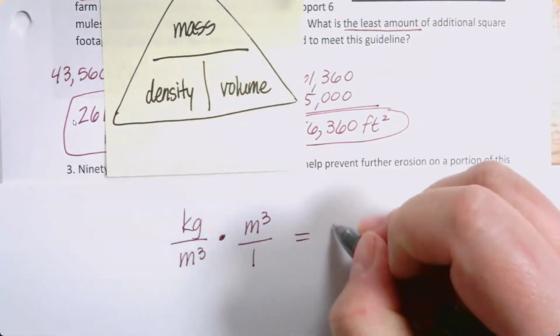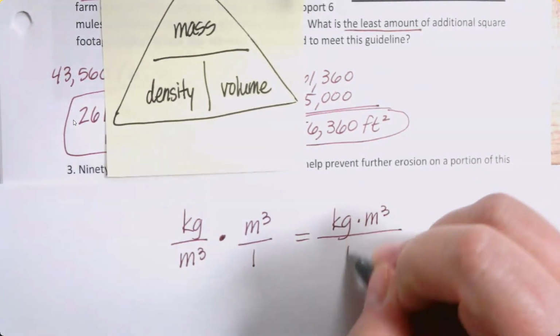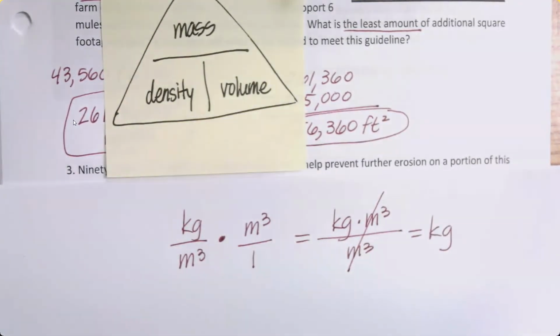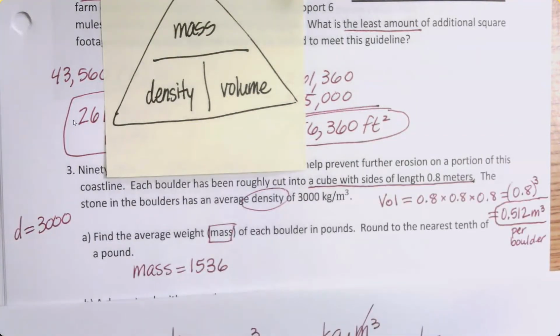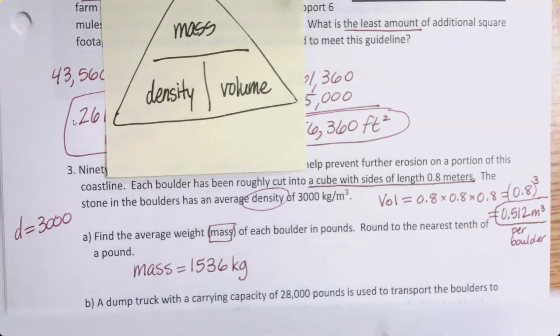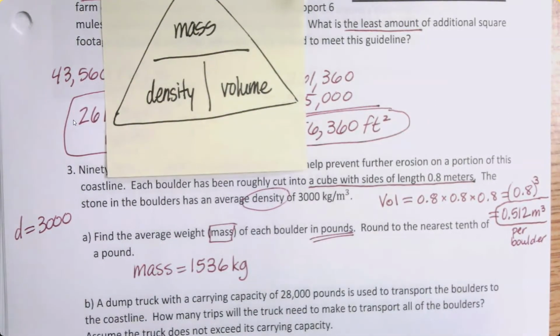So this is kilograms times cubic meters on top and just cubic meters on the bottom. So the answer that gave me is in kilograms. So the mass right now is in kilograms. They want me to give an answer in pounds.